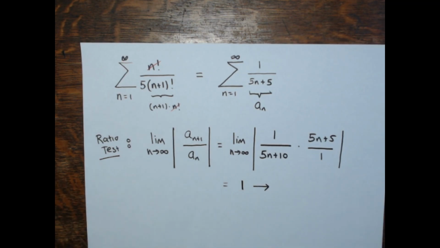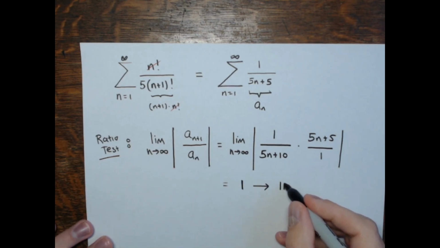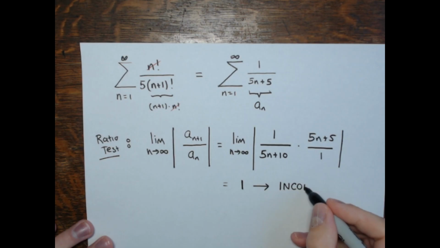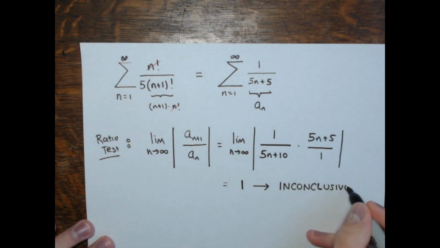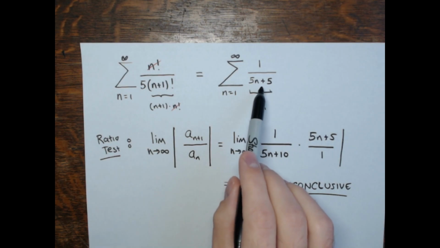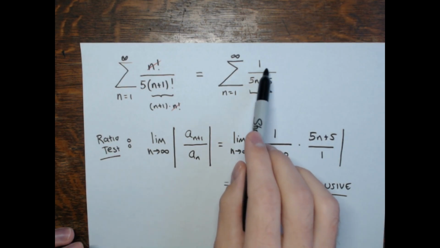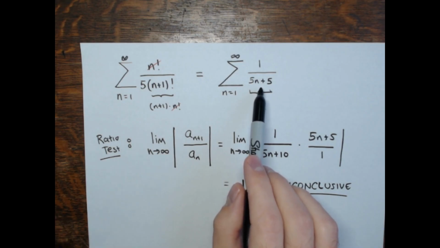So here, the ratio test limit is 1. The ratio test doesn't tell us anything. It's inconclusive. So I'd have to go back, and as I said earlier, looking at this, we could do a limit comparison or even direct comparison to 1 over n.